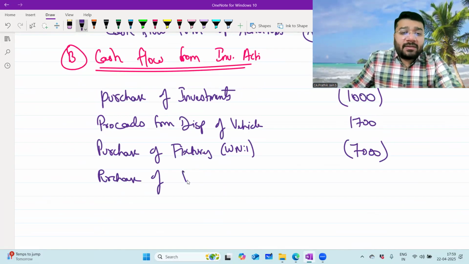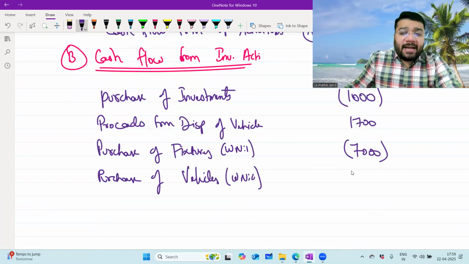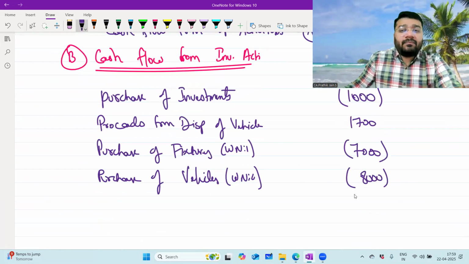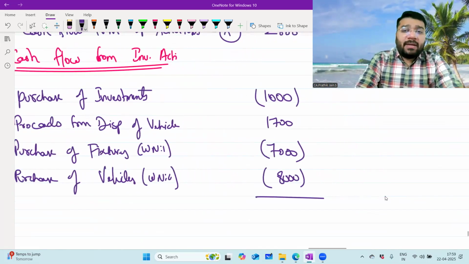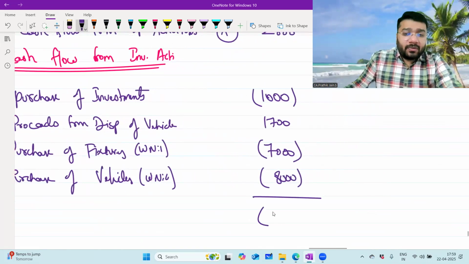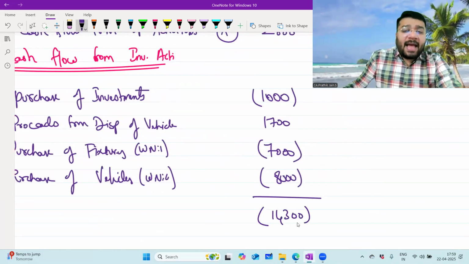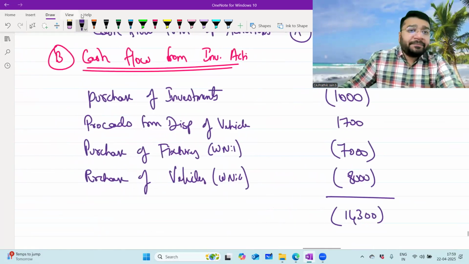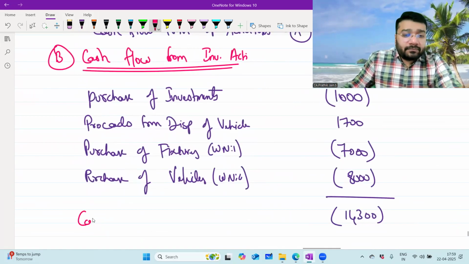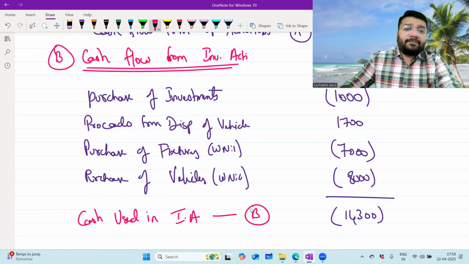Purchase of vehicles, working note number 2, 8,000 in brackets. That's all. Looks like money went out more. How much? 14,300 cash used in the investing activities, which is B.